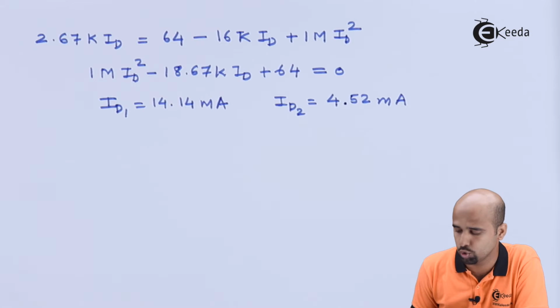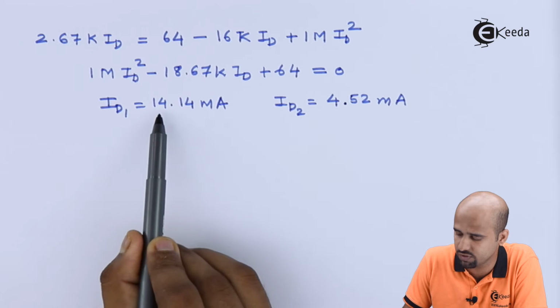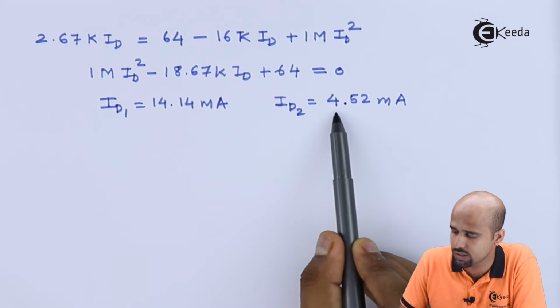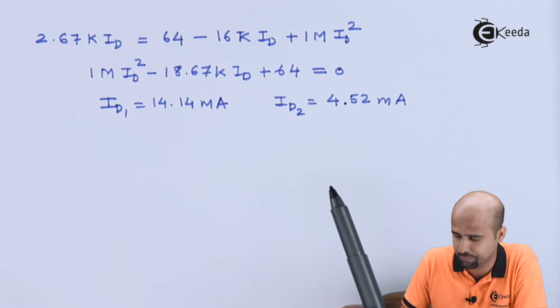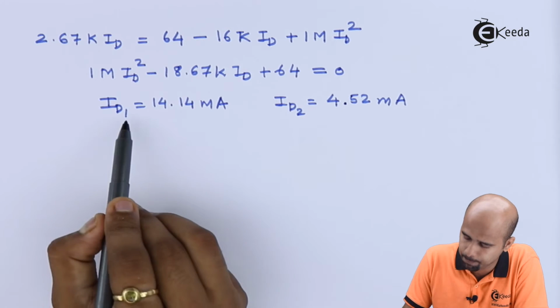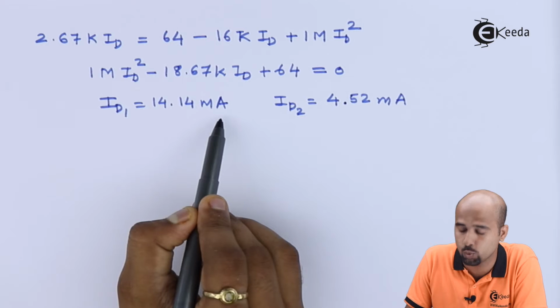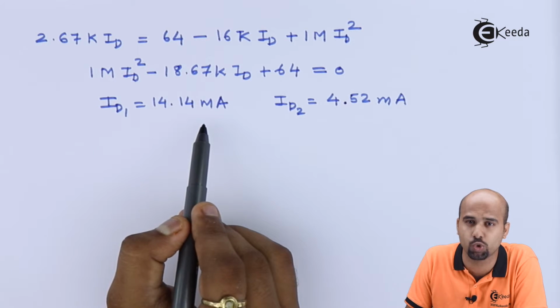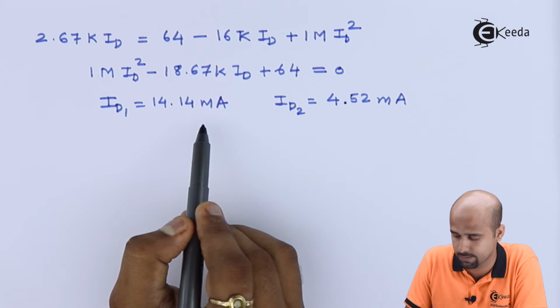Now we have got two values of the roots of the quadratic equation. One is ID1, which is 14.14 milliampere, and another is 4.52 milliampere. Mind well guys, this value is well above the value of IDSS, which is not suitable for the characteristics, right?